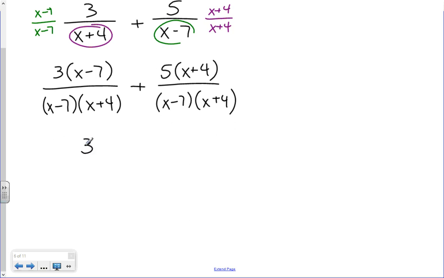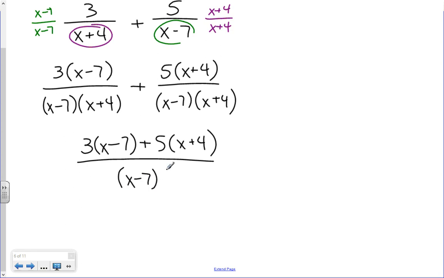So we've got 3 times x minus 7 plus 5 times x plus 4. This is all over our new denominator of x minus 7 times x plus 4. All right, now let's simplify this. Again, you could be simplifying as you go through this, but I'm going to simplify at this point here.